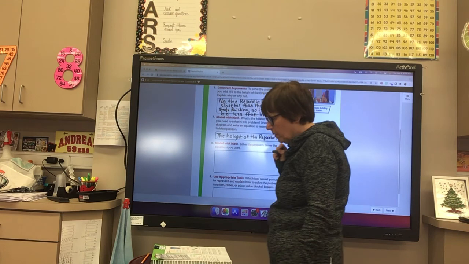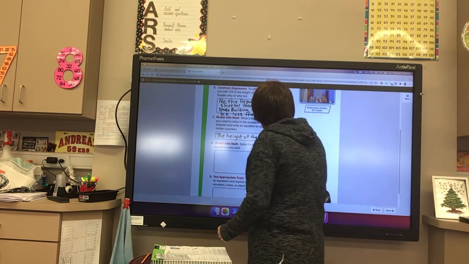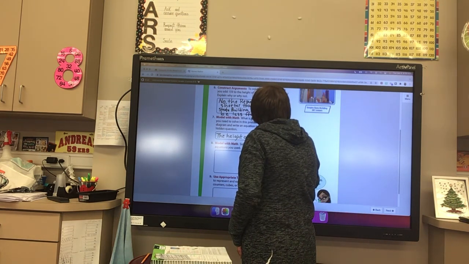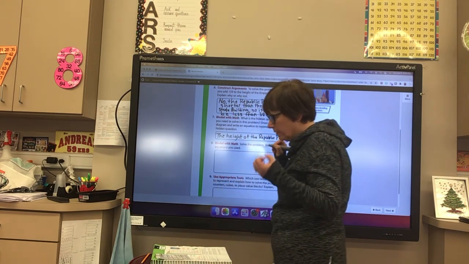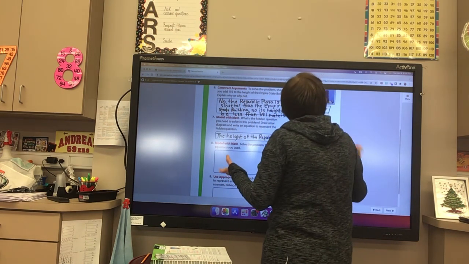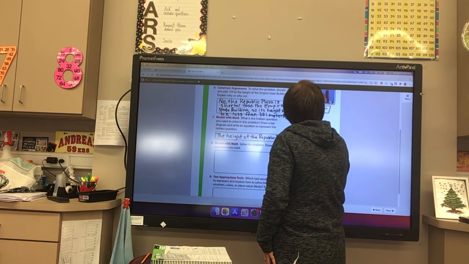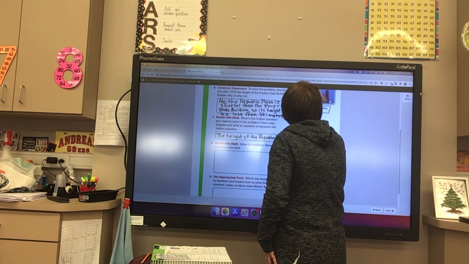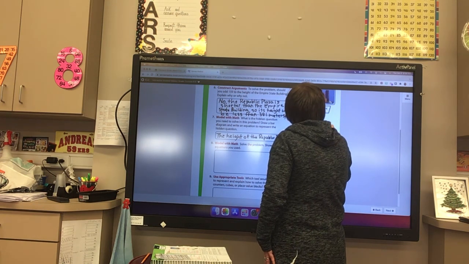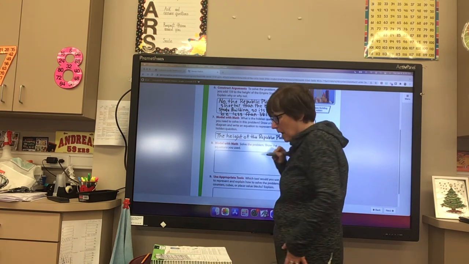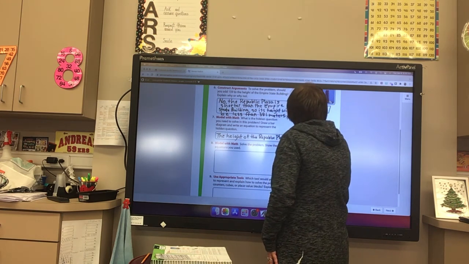Okay, now boys and girls, how are we going to figure that out? Let's do a bar diagram. So we know the Empire State Building is 381, right? And now we're going to have our missing numbers here.